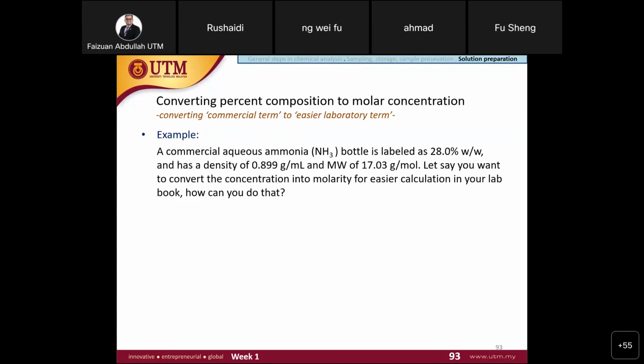So now you have the molecular weight, you have the percentage and you have the density. So how do you come up with the molarity?